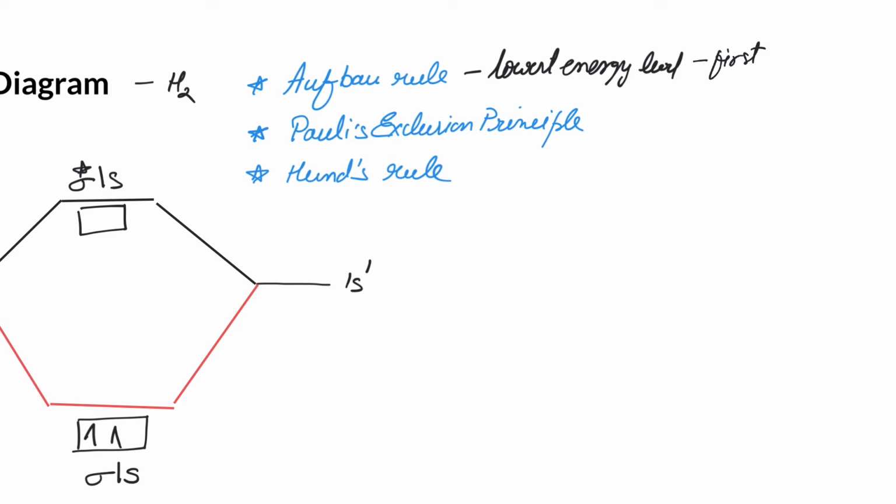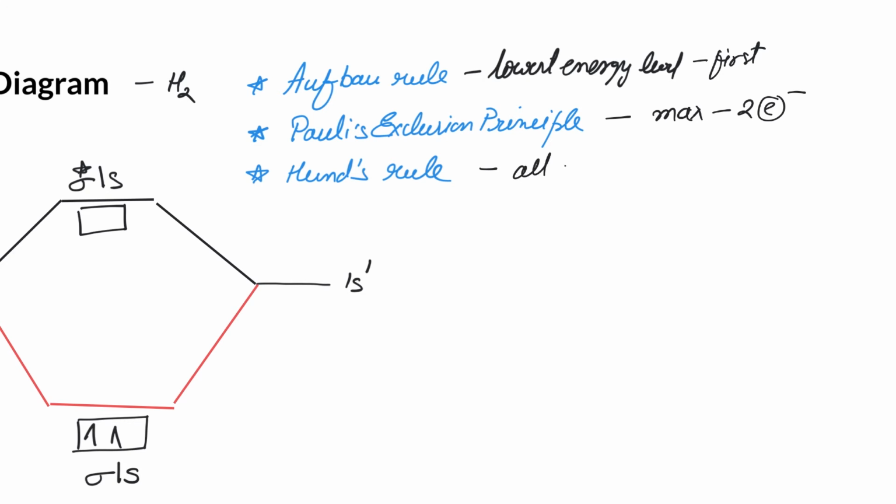Pauli's exclusion principle says that you can have a maximum of 2 electrons in a particular orbital, not more than that. And finally, we have Hund's rule. Now, what does Hund's rule say? That electrons must occupy all orbitals of the same energy.